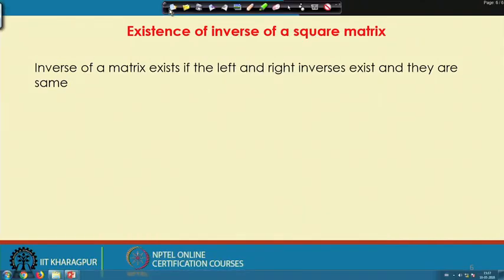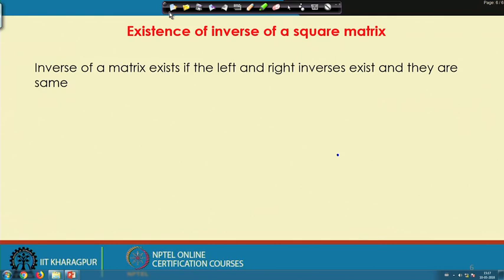So, an inverse exists for a square matrix. The inverse of a matrix exists if the right and left inverses exist and they are the same. If both of them exist and both are the same, both of them can only exist for a square matrix, right, because m greater than or equal to n is the existence of a left inverse, and m less than or equal to n is the existence of a right inverse.